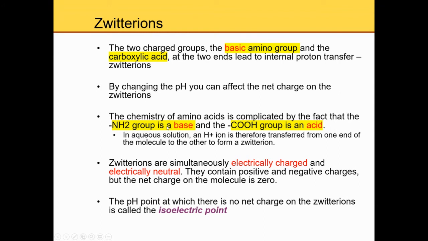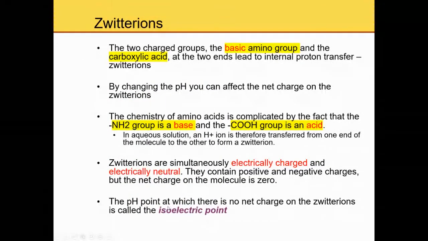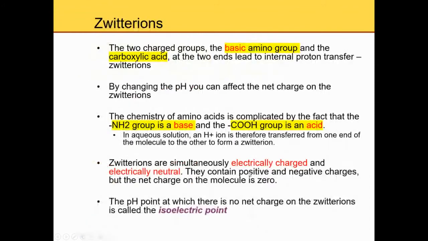The chemistry of amino acids is complicated because the amino group is a base and the carboxyl is acidic: one is a proton acceptor and the other a proton donor. The pH at which there is no net charge on the zwitterion we call the isoelectric point, where the net charge is zero.